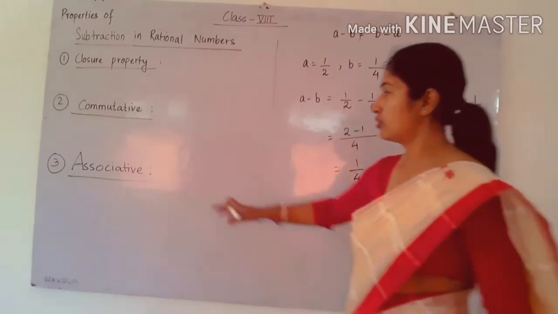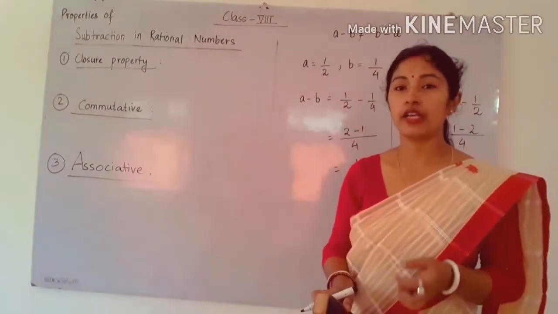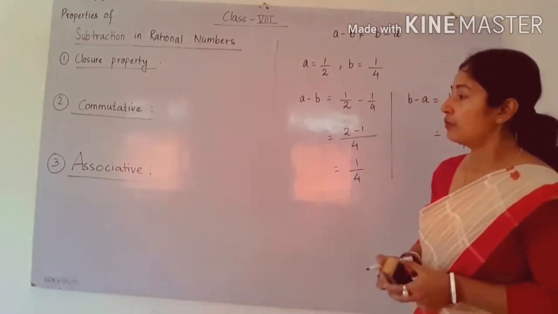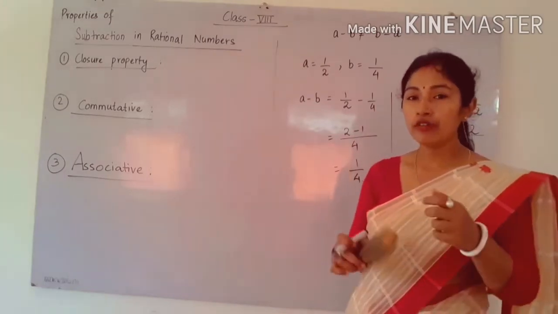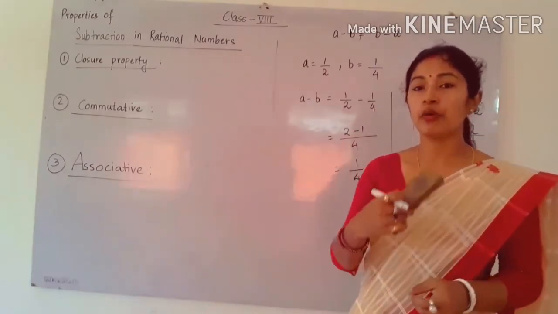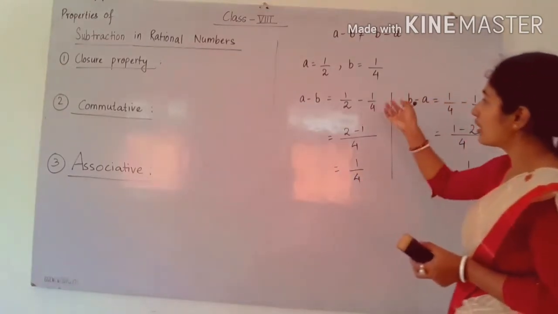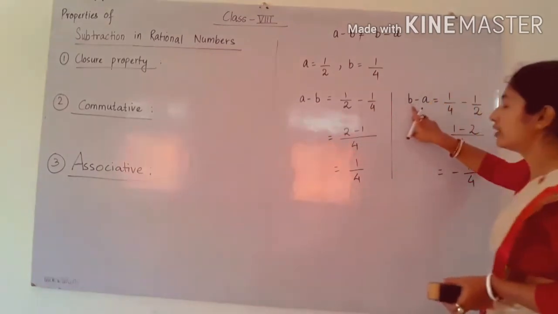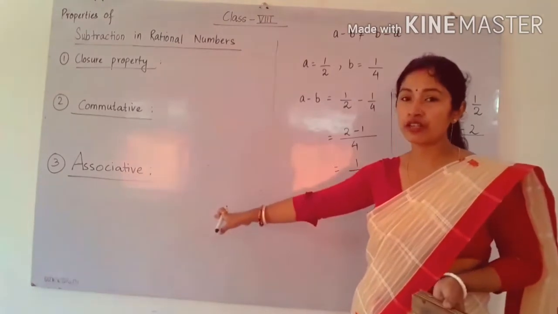Next property is associative property. Already you know, if commutative property is not satisfied, then associative property is also not satisfied. Because in both the cases, what we have to check is, whenever we are subtracting a rational number from a rational number, whether order matters or not. Here what we are doing, we are changing the order. In place of B, I have written A. So in associative property also, we have to take 3 rational numbers.